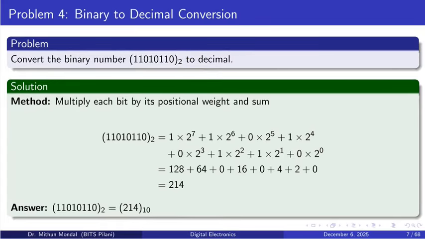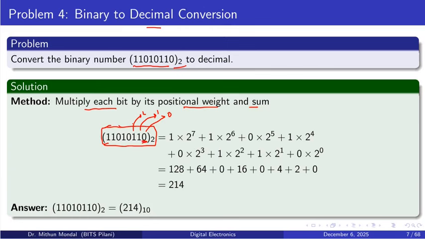Problem number 4, where we have a binary number, which is in base 2, and we need to convert to decimal. So here the number we have taken has the digits 0 and 1. This number can be converted to decimal by multiplying each bit by its positional weight and summing. The position starts with 0, then we have 1, 2 and so on.